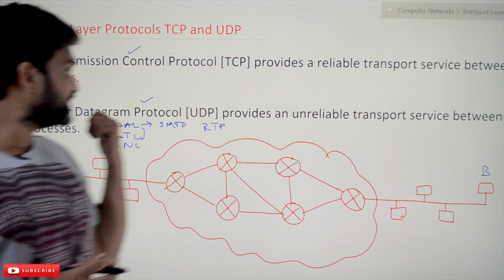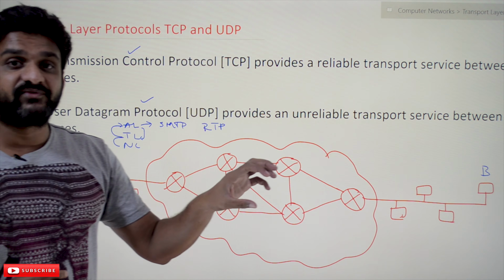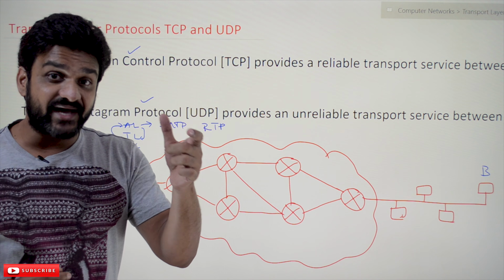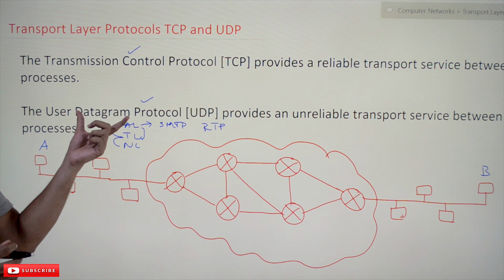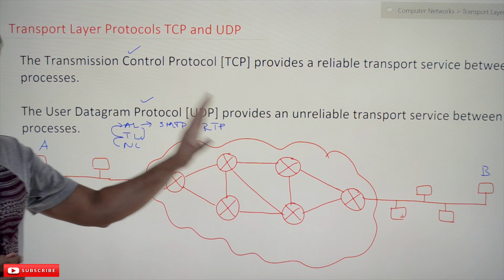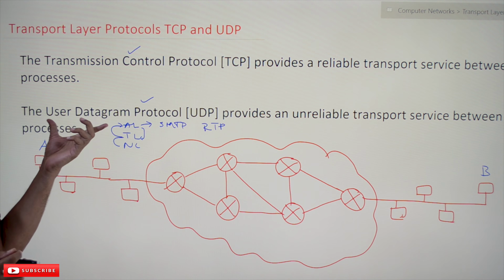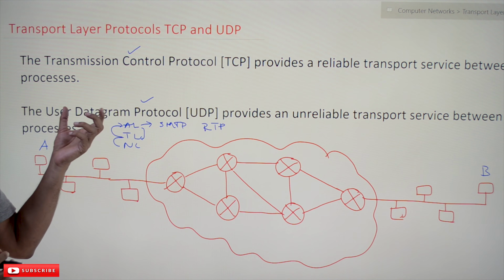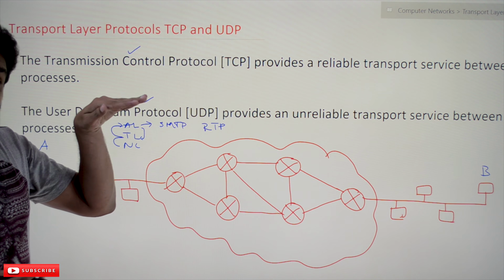UDP means user datagram protocol. That is the reason some people say that the IP packet has a datagram also. It should not be. If the end-to-end communication is done by using UDP, then we can say that it has a datagram.